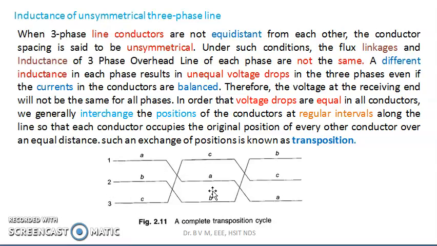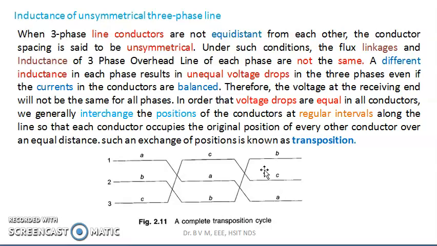In the second interval, conductor A takes position 2, conductor B takes position 3 and conductor C takes position 1. And in the third interval, conductor A takes position 3, conductor B takes position 1, and conductor C takes position 2.